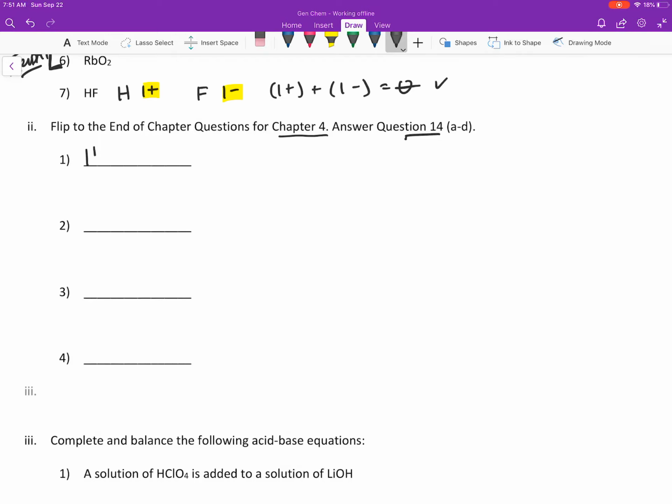So in this case, the question gives you a balanced chemical equation, and then it's asking you to determine the reaction type. Okay, so I'm going to write these in.